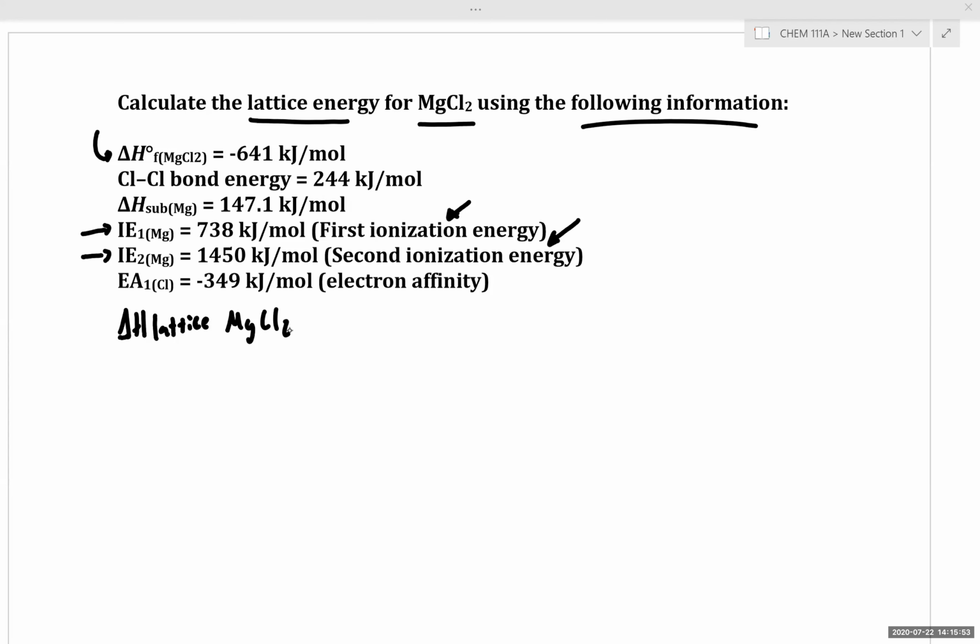Yep, exactly right. And we'll discuss this example in about another minute to minute and a half.